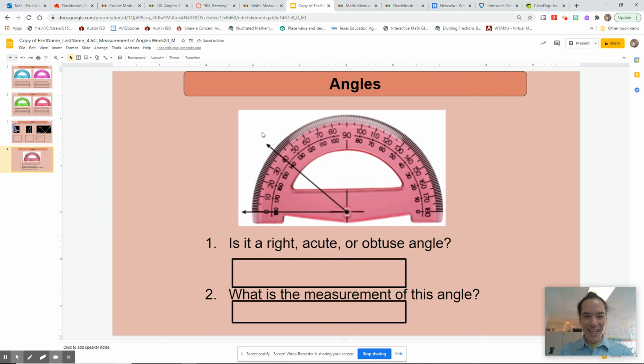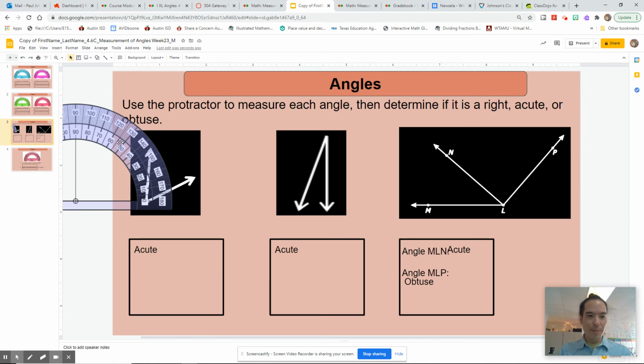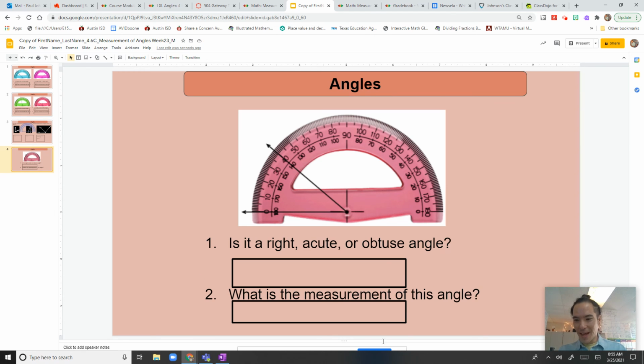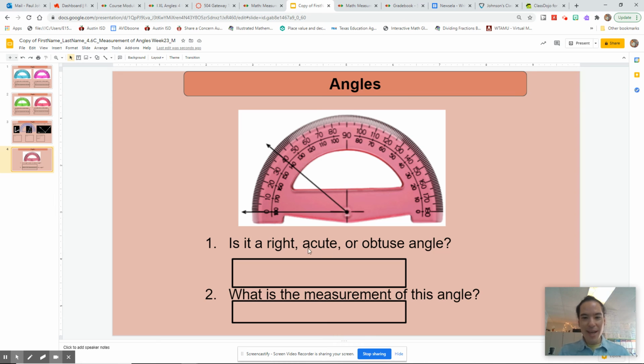All right, so now last one. We're going to take a look at it. I'm sorry that I could not figure out how to use your virtual protractor. In real life, protractors are way easier. Okay, so last thing. This is a right angle, acute angle, or an obtuse angle. All right, so once again, if it was sitting at 90 degrees, we have a right angle.